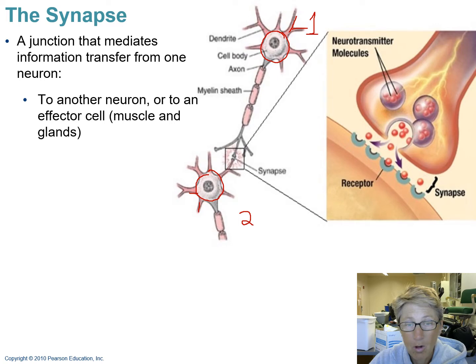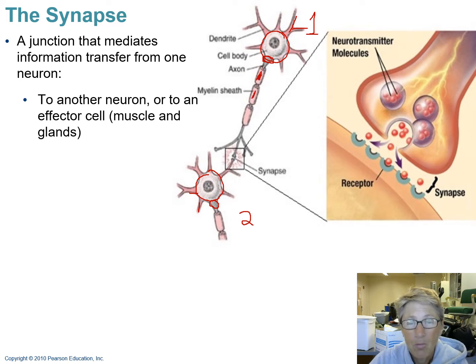So does neuron number 2. And then it's not listed on this cartoon, but there's this thing called the axon hillock. That's the junction between the cell body and the axon. Both neurons have an axon hillock. And then both neurons also have a myelin sheath.